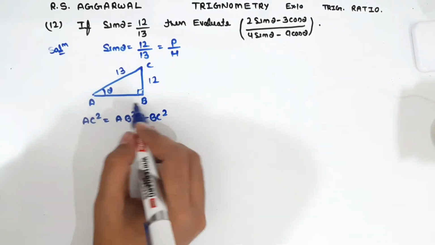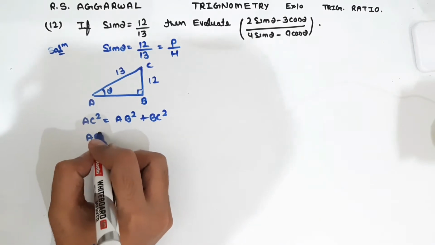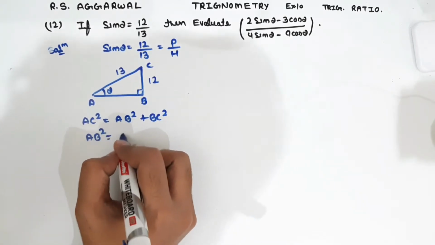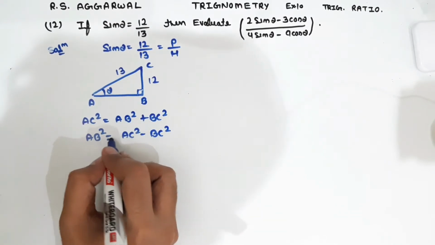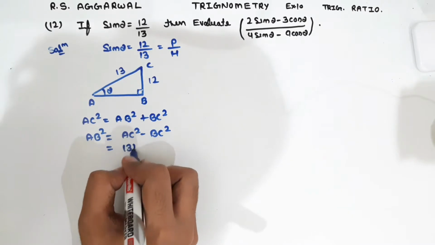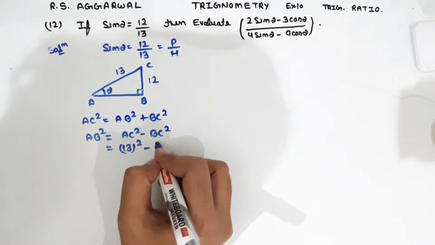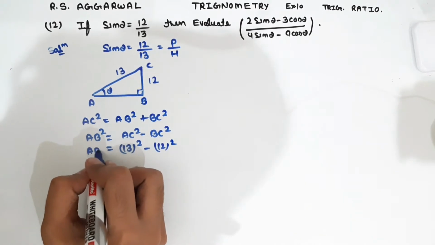So we have to find AB. So from here AB square will be AC square minus BC square. So AC is 13 square minus BC is 12 square equals AB square.